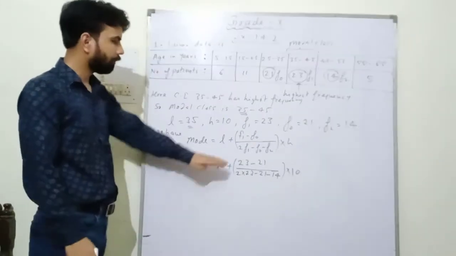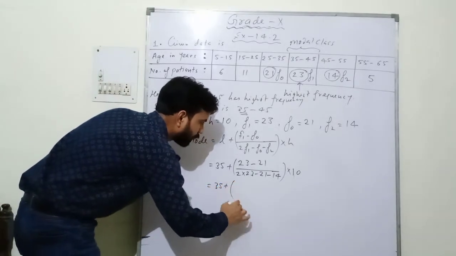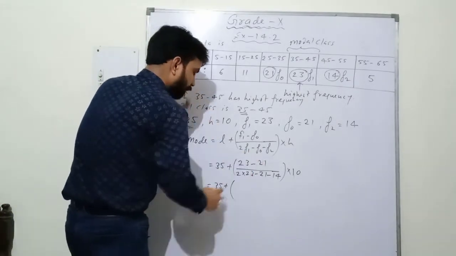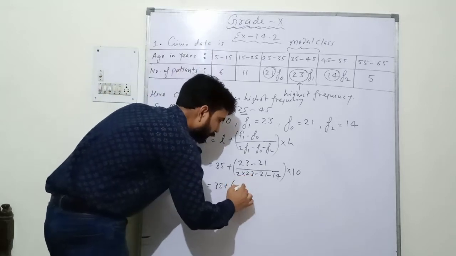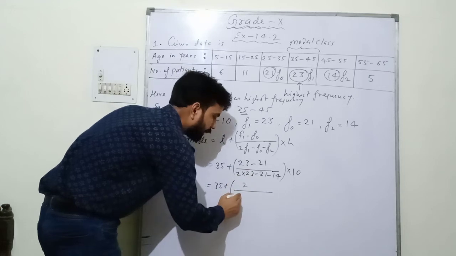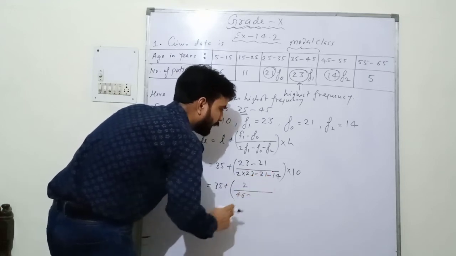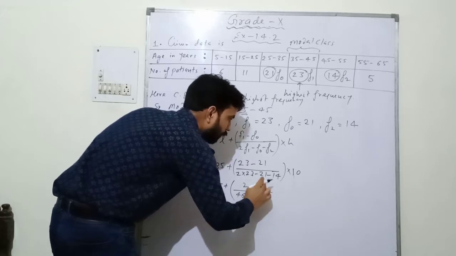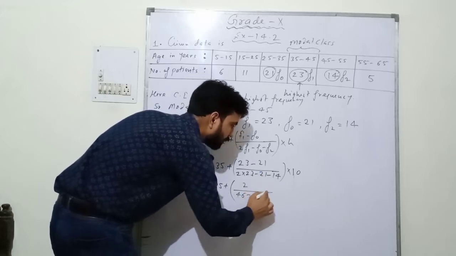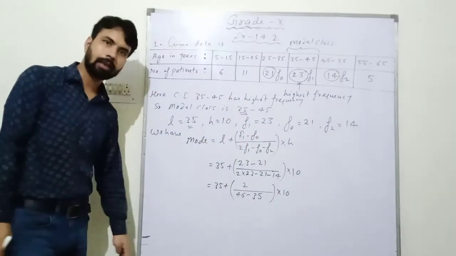Clear? Now we will have to simplify this. See, 35 plus 23 minus 21, that is 2, upon 2 into 23, that is 46, minus 21 minus 14, that is 35, into 10. Understood?